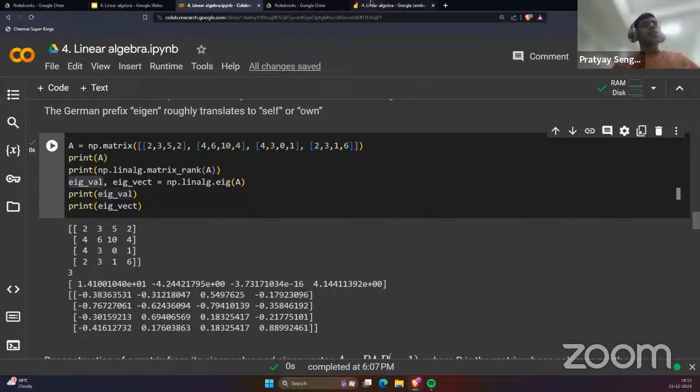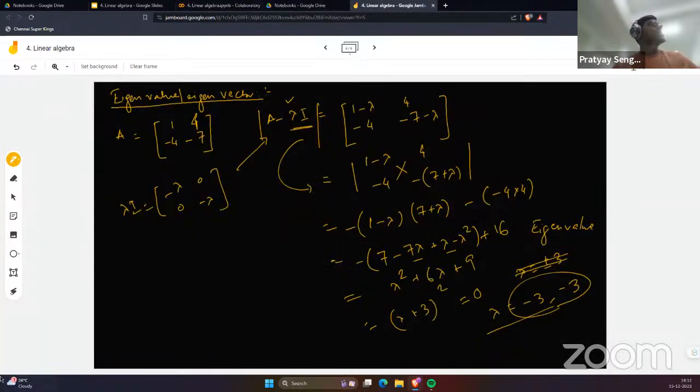And how you get the eigenvector out of it is, using that equation, you have Ax equals lambda x, right? And lambda is minus 3, so A minus lambda I times x equals 0. Now if you solve that, you will get the equation.